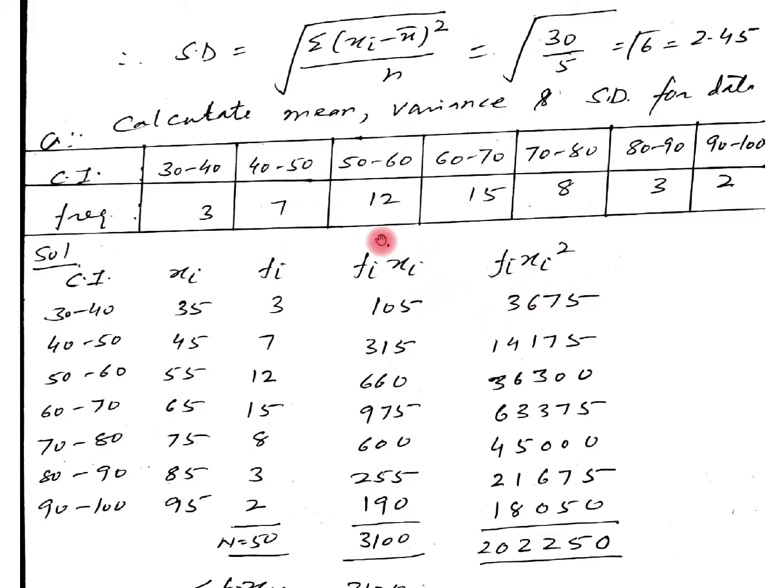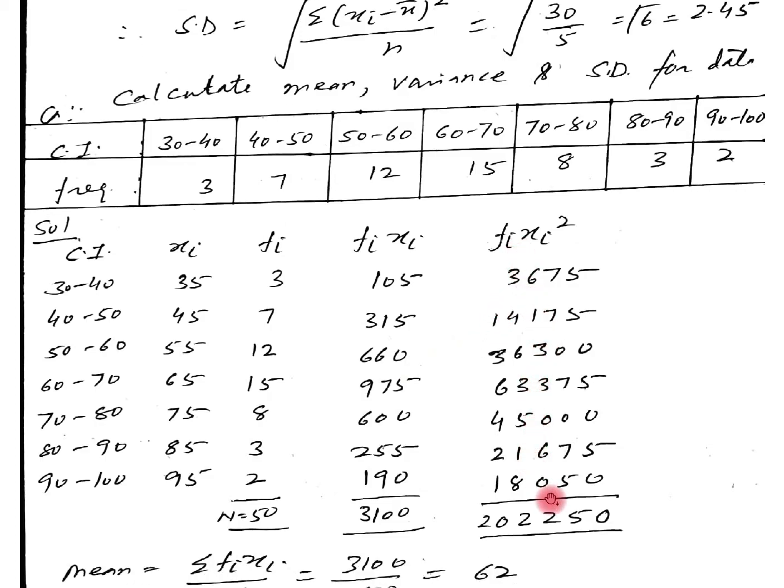Multiplying these two columns, we get Fi xi square: 35 into 105, 45 into 315, then 55 into 660. We are getting these values.